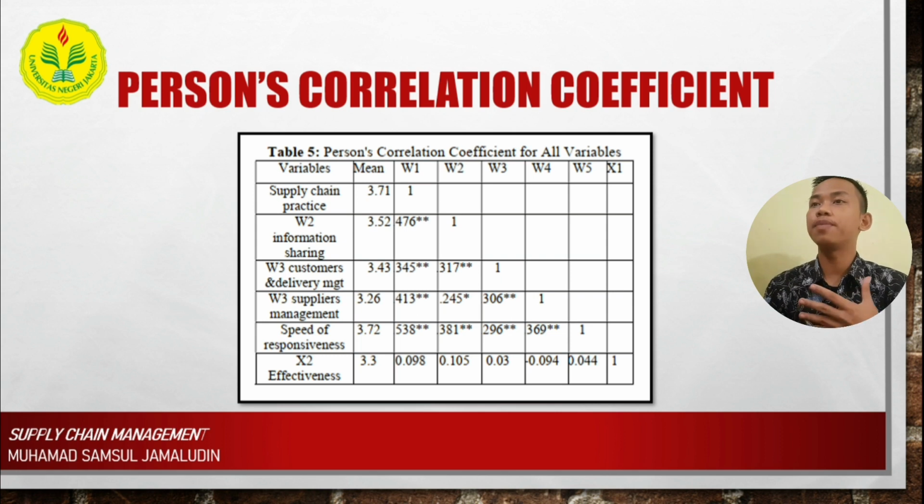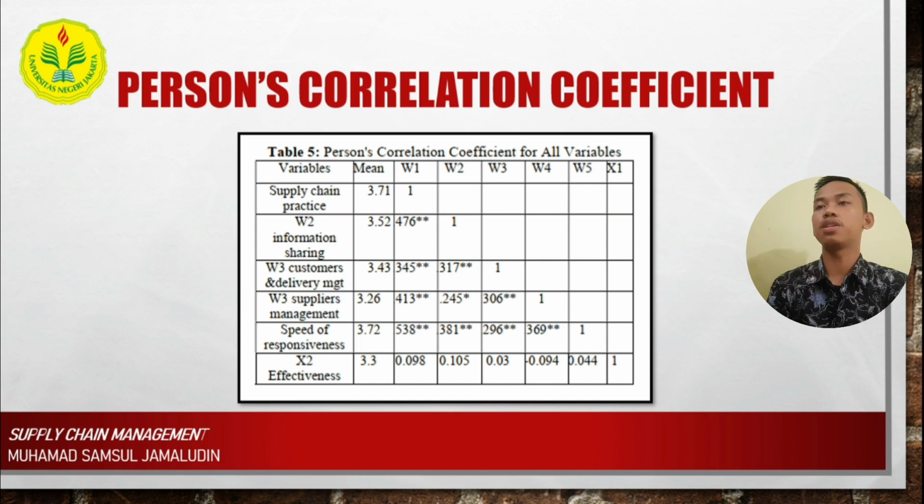This table shows that integration is not significantly correlated with supply chain performance effectiveness, and information sharing is not significantly correlated with effectiveness, and customers management is not significantly correlated with supply chain performance effectiveness. Suppliers management is not significantly correlated with supply chain performance effectiveness value, and speed of responsiveness is not significantly correlated with supply chain performance effectiveness, as we can see in table 5.